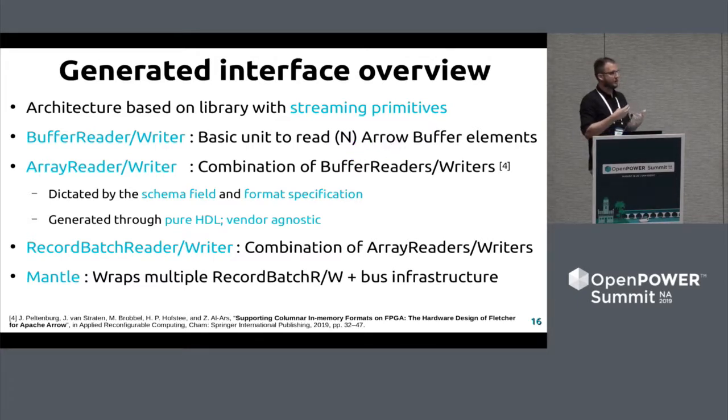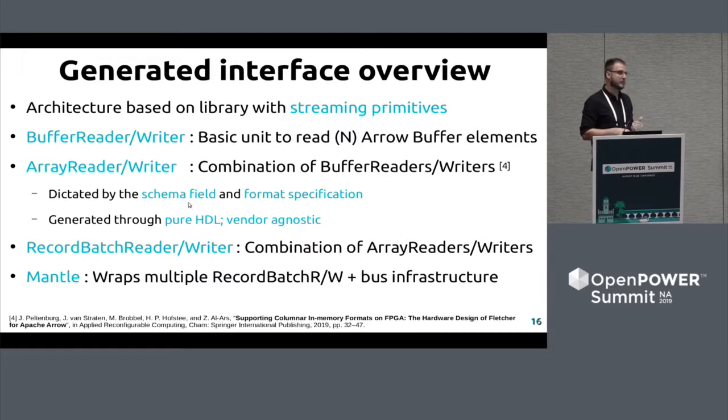So combining those buffers we just saw in the record batch, by combining buffers you turn them into Arrow arrays, right? So they're not C-like arrays, they can hold much more complex data types. So the combination of buffer readers and writers turns into an array reader and writer. And that is generated through pure HDL up to this point.